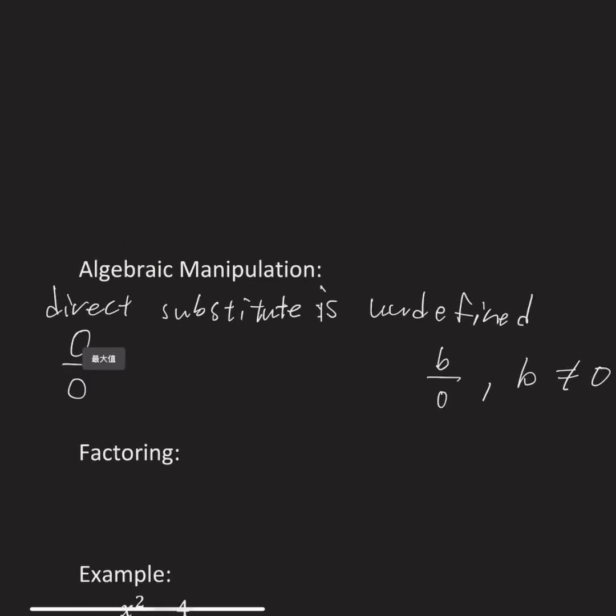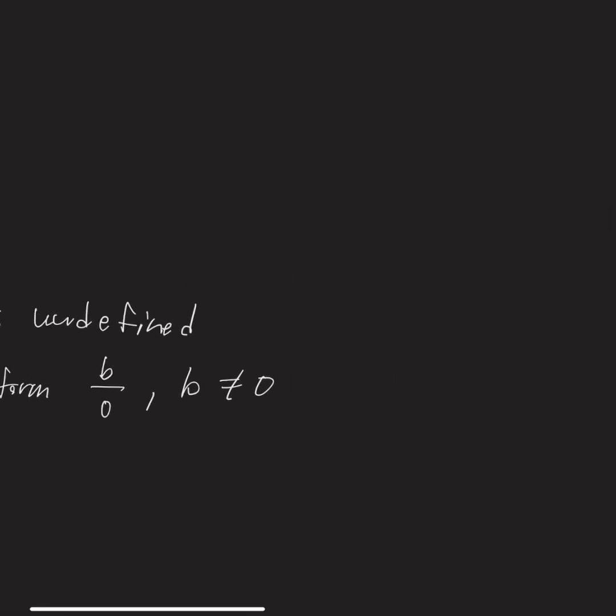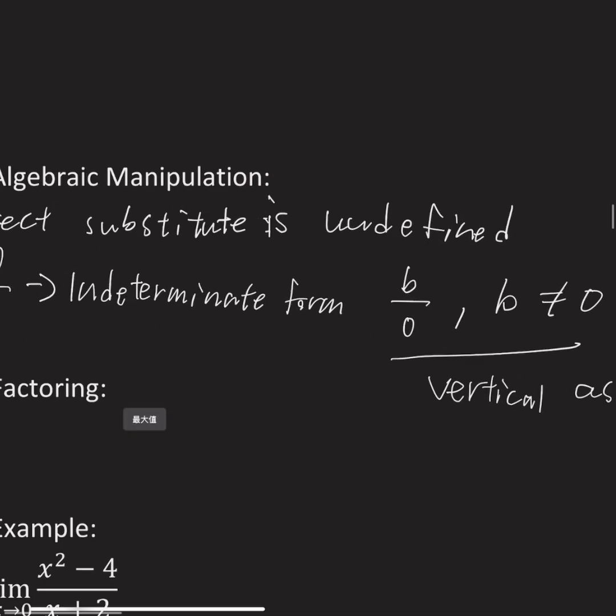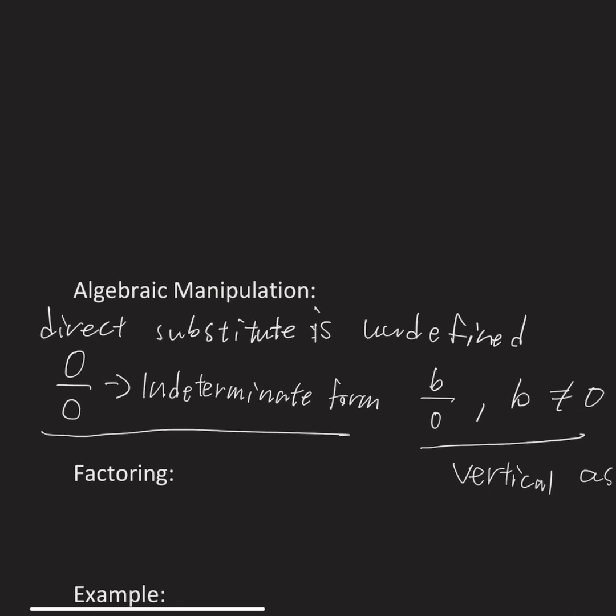Okay, so this means that we can still take the limit. The first is actually called an indeterminate form. And the second, we can tell that's a vertical asymptote. So when we're dealing with indeterminate form, we should use algebraic manipulation to solve for the limit.